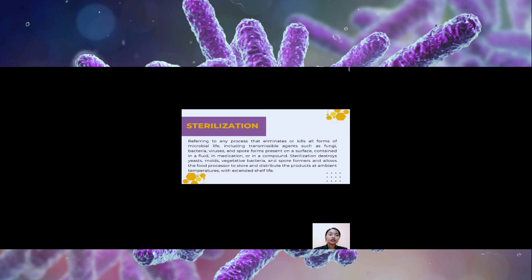This sterilization process is usually accomplished by heating the product rapidly to 130 to 145 degrees Celsius, holding for an appropriate time, then rapidly cooling the product. So these are examples of how to do sterilization.